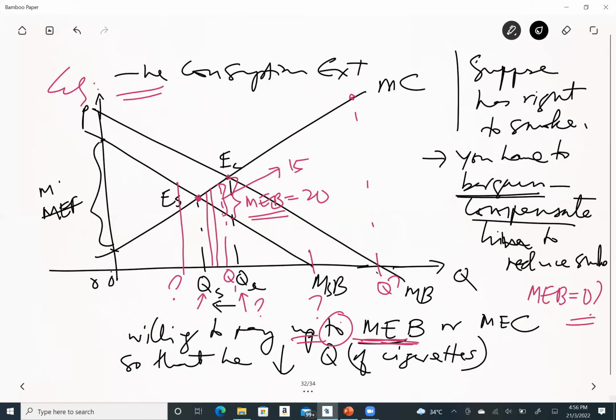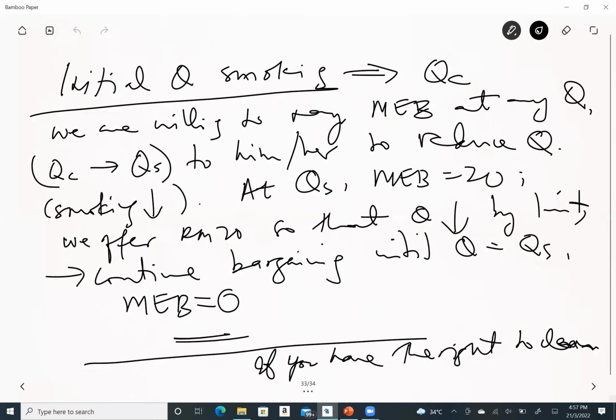It's actually the marginal social benefit. Okay, so the marginal social benefit at Q equal to 0. Because he wants to smoke, he will consider the marginal social benefit. So he's willing to pay that much, in order for him to be able to smoke the first cigarette.